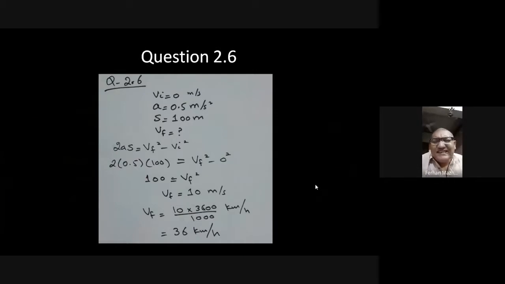So the distance is given, the initial velocity is given, the acceleration is given, and the final velocity is questioned. We will use the third equation of motion: 2as equals vf square minus vi square.